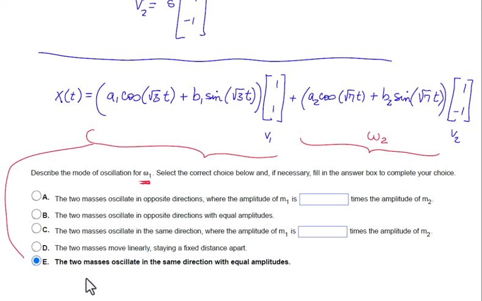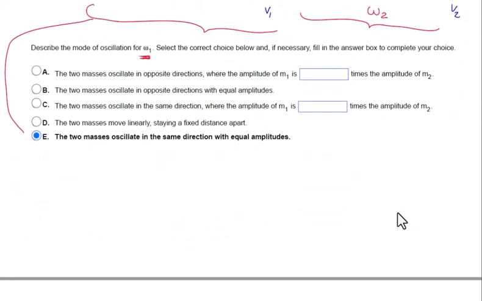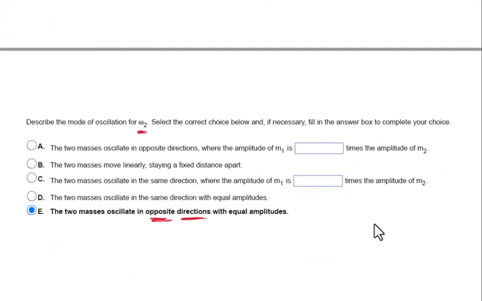So they're going to be oscillating in the same direction, not opposite, because they're both plus, same magnitudes. Whereas this one, same magnitudes, but I've got a plus on one and a minus on the other. And so they're going to be oscillating in opposite directions, but with equal amplitudes.